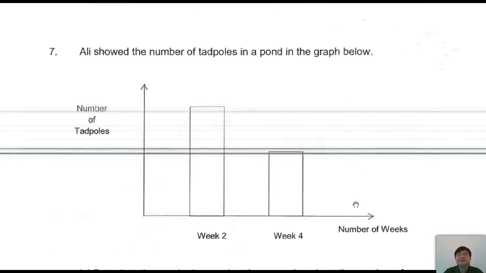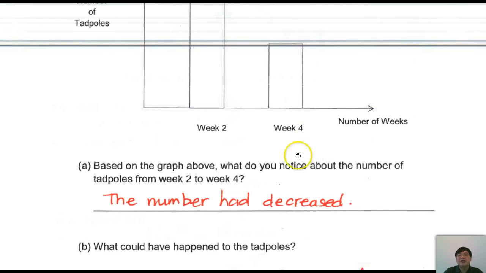Next, a simple graph: number of tadpoles in the pond, or in the water. Week 2, large number. Week 3, it has decreased to a smaller number. Most probably they will ask you what happened. But before that they ask what you see from the graph, describe it. So the number had decreased.